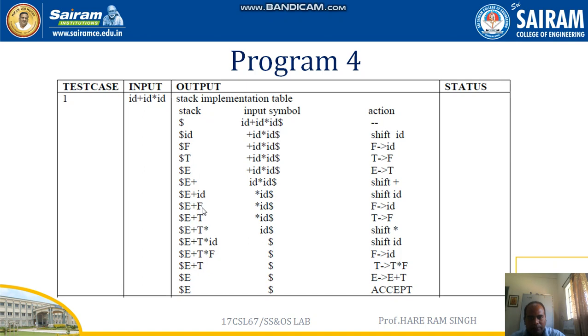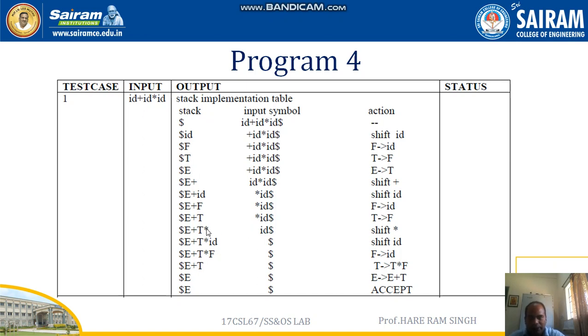Next, this id can be replaced by F, as we saw here also, id was replaced by F. So id is replaced by F, and in the input it is the same thing. F can also be replaced by T, so F is replaced by T. Next shift will be star.